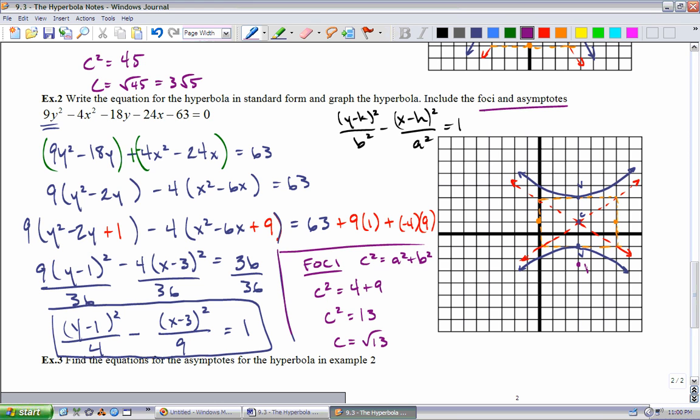So somewhere in here is our focus. And there's our focus. Okay. Somebody asked you for the coordinates of our foci. In this case, you would just take your center. Remember, our center was at 3, 1, and you could say it's at 3, comma 1 plus or minus the square root of 13. That's where the coordinates of our foci lie.